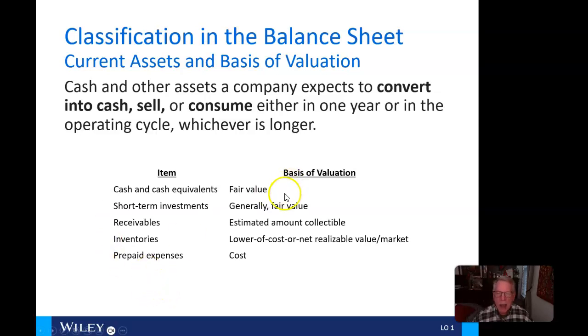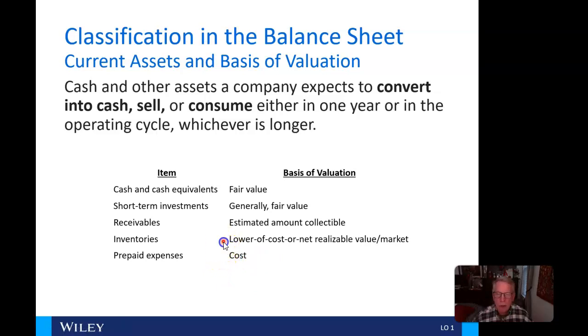And our cash naturally is set at fair value, meaning that whatever cash we have is stated at that value. Our short-term investments generally are the same thing. Receivables are estimated at what we think we can collect. You'll remember the allowance for doubtful accounts is subtracted from receivables to get to net receivables.